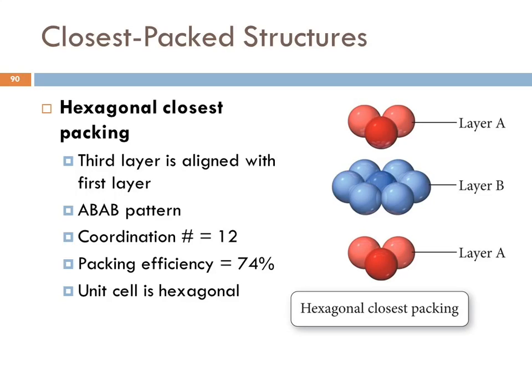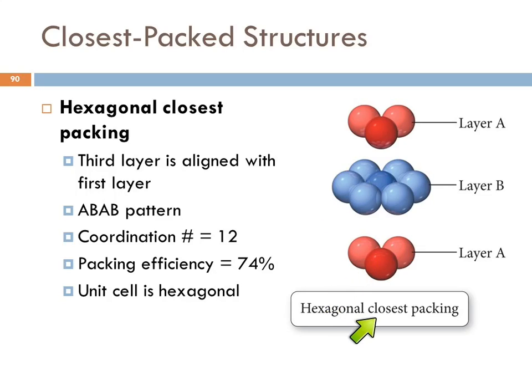So hexagonal closest packing is where you have the third layer aligned with the first layer. Here's your first layer, and then this second layer will be offset by 1/2 so it fits into the indentations, and the third layer will be lined up with the first layer. This is called an AB pattern, where this layer and this layer are different, but then this layer is the same.